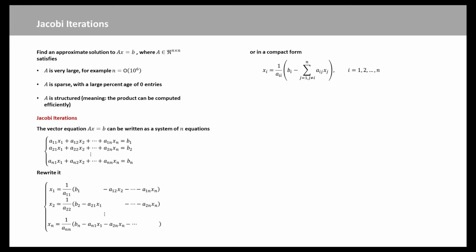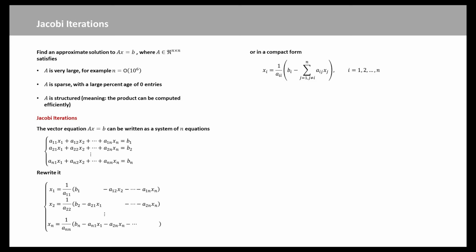Let's write out our system into n equations and n unknowns. So this is the problem we want to solve. The main idea of these methods that we will be talking about is more or less a kind of fixed point iteration, but in the system setting. We will start by rewriting the system into an equivalent form.